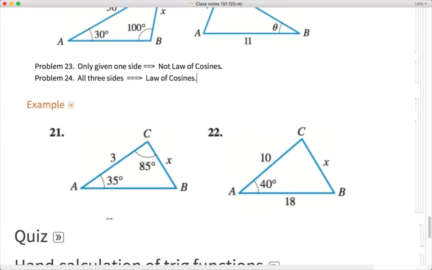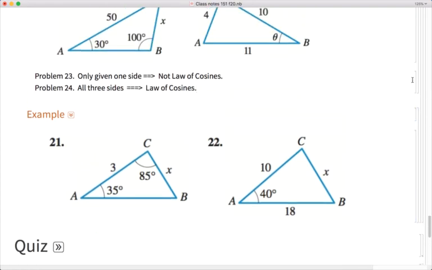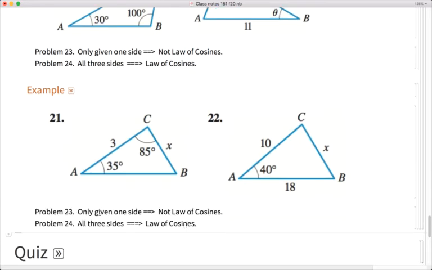One more here. Yeah, so problem number 21, we're only given one side.